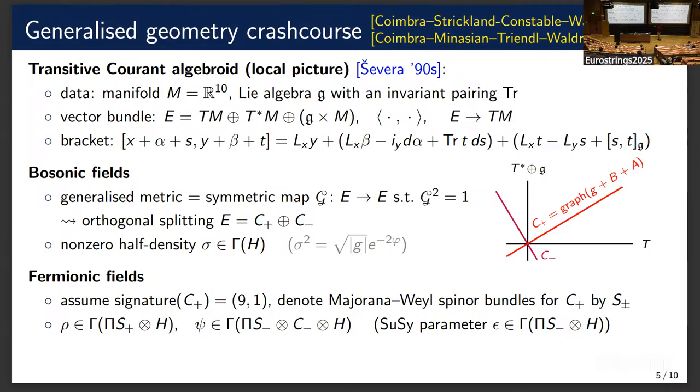So having defined these subbundles, now you just declare that this is your fermionic content. There is a generalization of the dilatino, where this capital Pi simply stands for parity shift. So this just means that the field is fermionic rather than bosonic. And you see that the dilatino is a spinor of some chirality, but it also has a half density component.